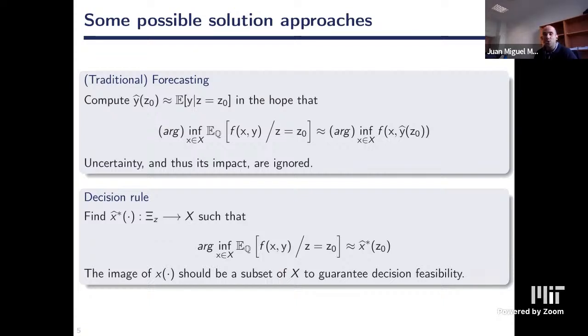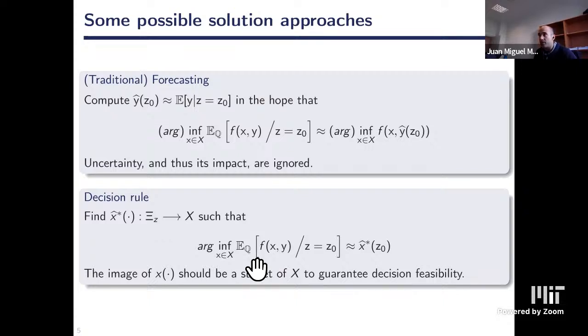Alternatively, we can also try to learn a rule mapping the context Z directly to the decision, to the optimal decision, in the hope that this mapping rule is also as close as possible to the solution to the original conditional stochastic program.